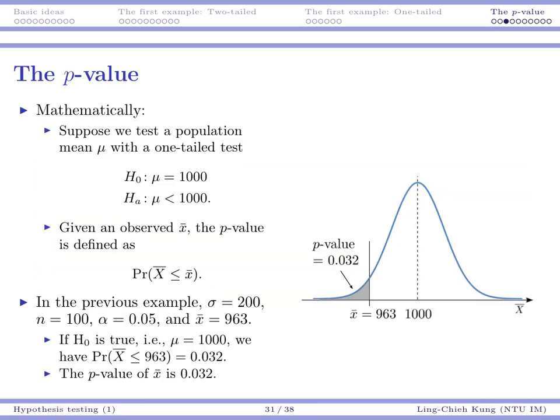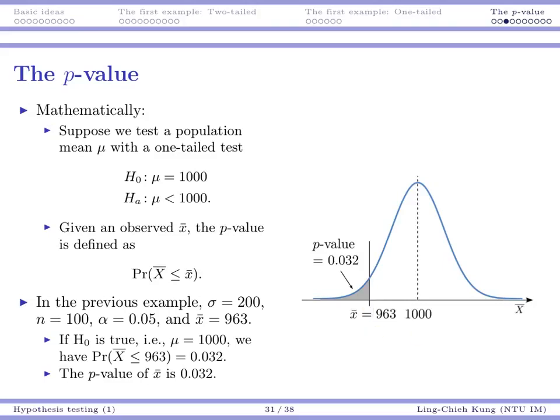Okay, so the definition sounds weird, but the calculation is actually very straightforward. Recall that we have this one-tailed test. Given an observed x bar, the p-value is defined as this: the probability for us to observe a sample mean that is even more extreme than what we have observed. What we observed is 963.